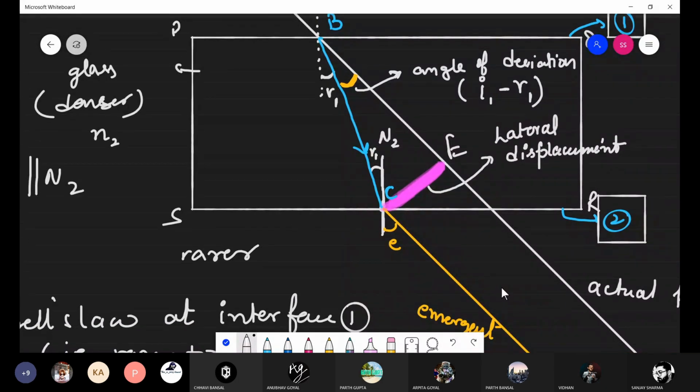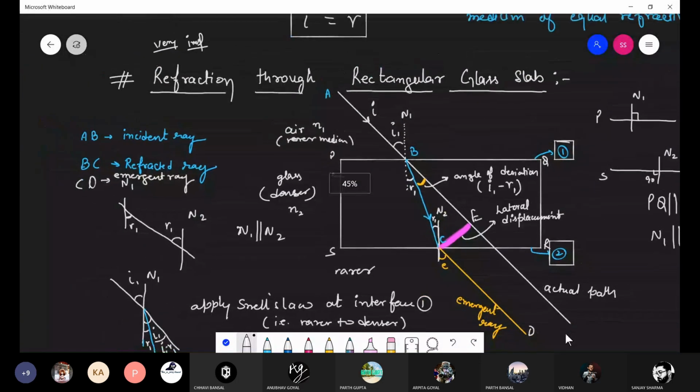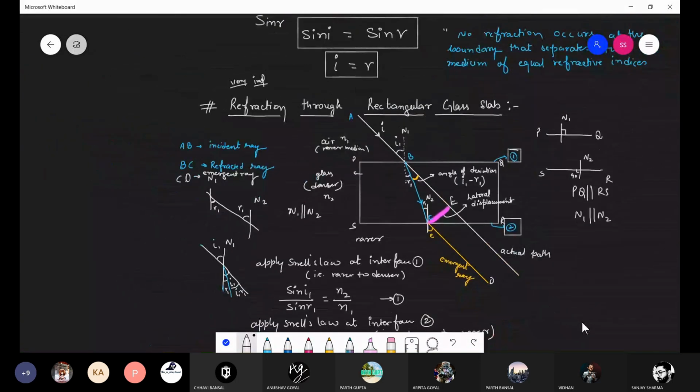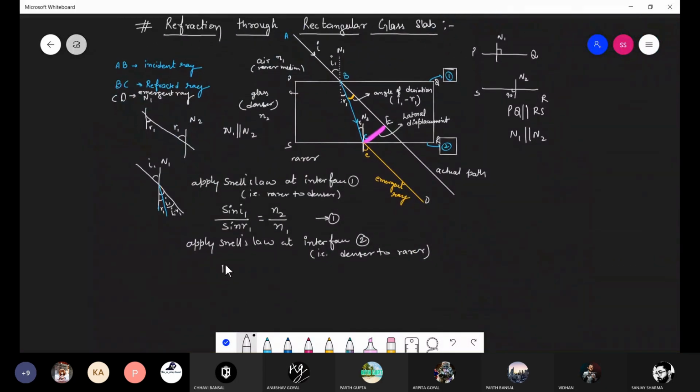So keep this in mind. Here BC acts as the incident ray for interface 2.